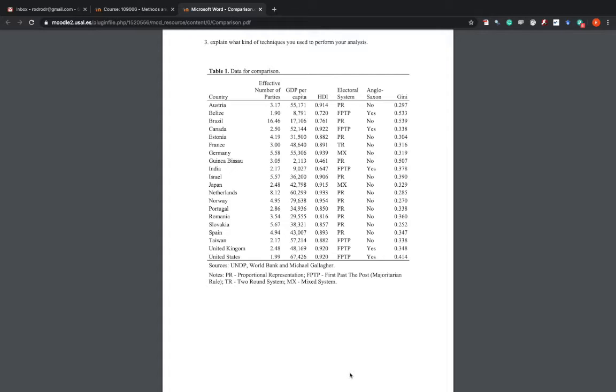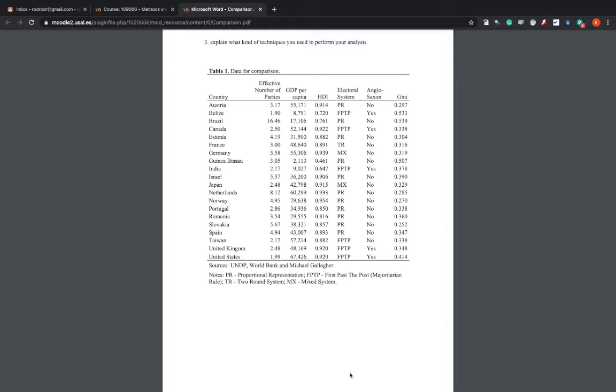This example of comparison is based on one of the laws of political science, Duverger's law. Duverger's law says that the majoritarian electoral system, or the first past the post electoral system, produces bipartisanism, while proportional representation produces multi-party systems.